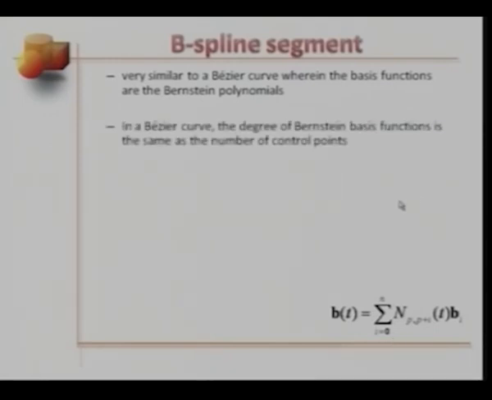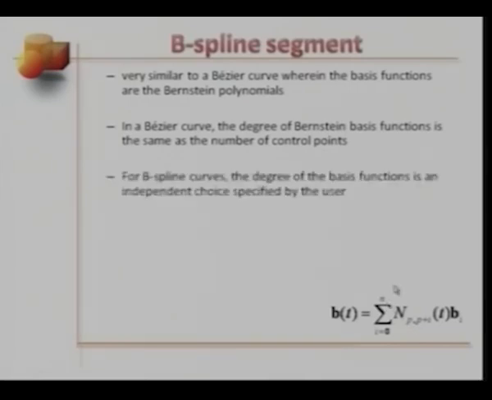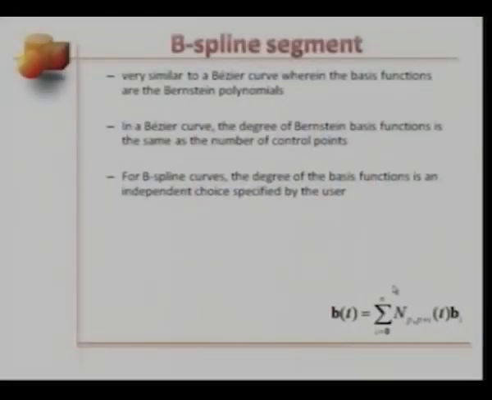In a Bezier curve, the degree of the Bernstein basis functions is the same as the number of control points. Here, however, the degree or the order of the B-spline basis function p is independent of the number of control points. In a sense, p is not dependent on n. For B-spline curves, the degree of the basis functions is an independent choice, therefore specified by the user.